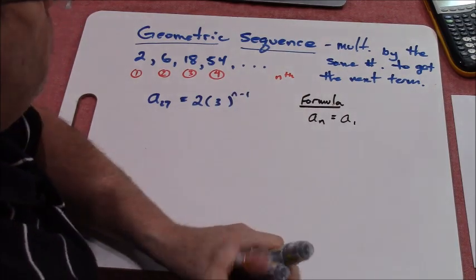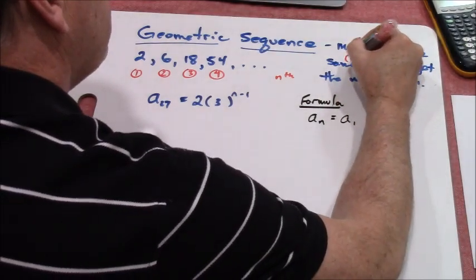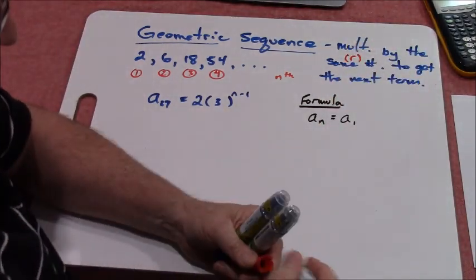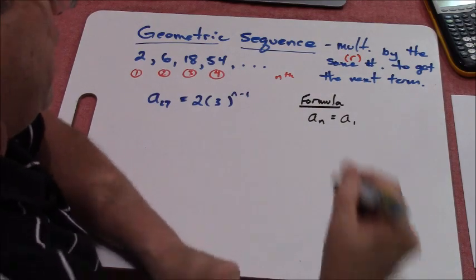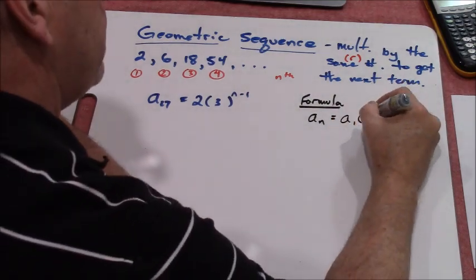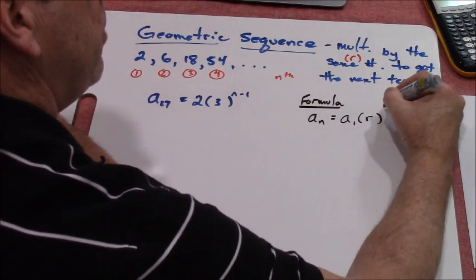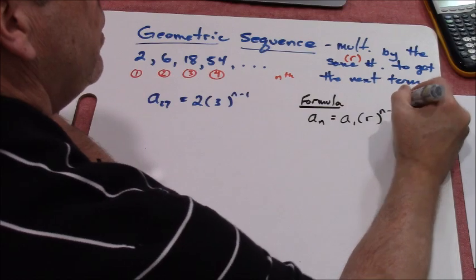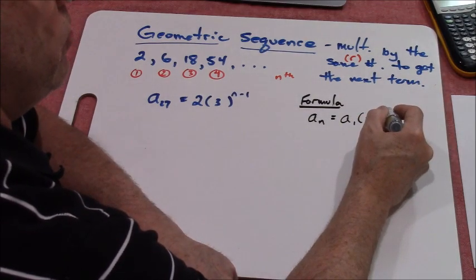We're going to call that the r value. That's what our book calls it, so we'll do the same thing. So we're going to take the first term and multiply it times r, and the number of times we're going to multiply by that is one less than the term we're on. So r raised to the n minus 1.